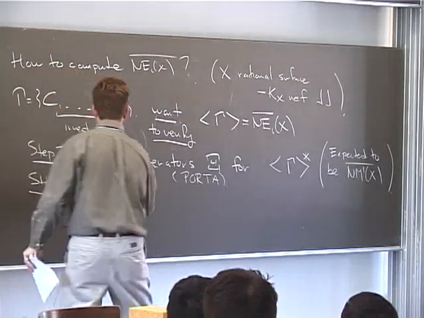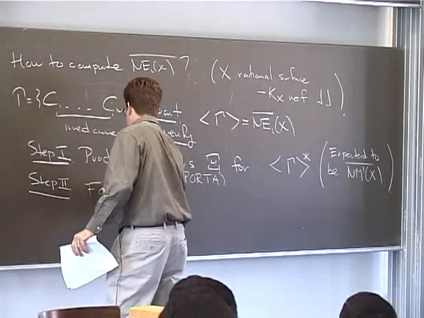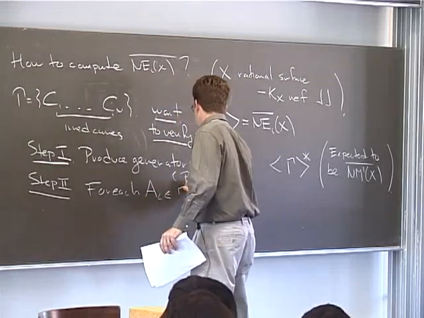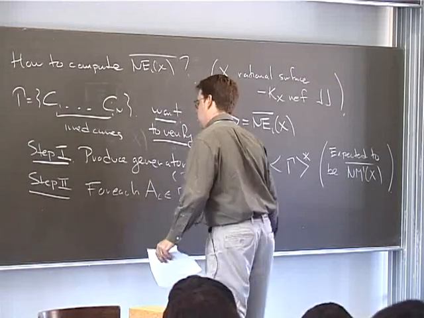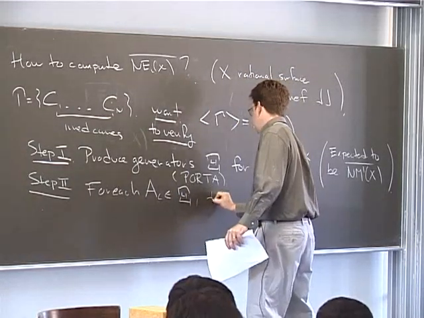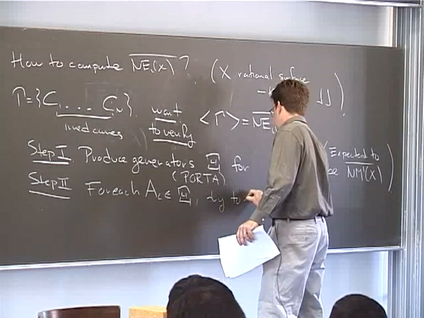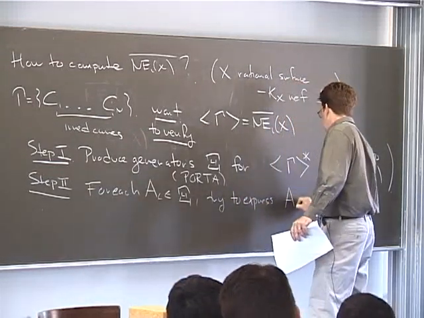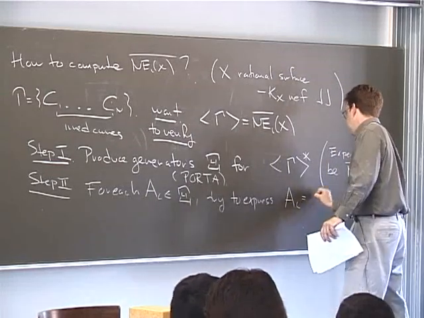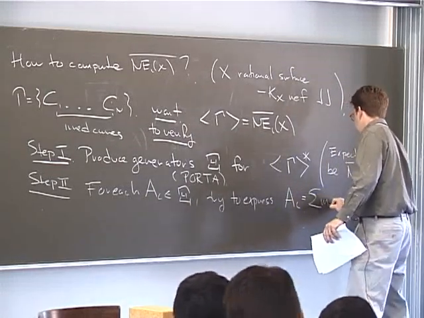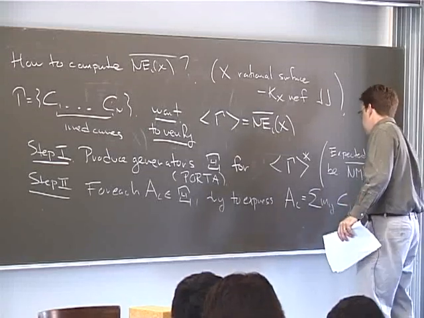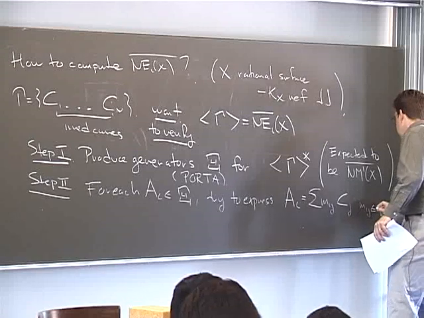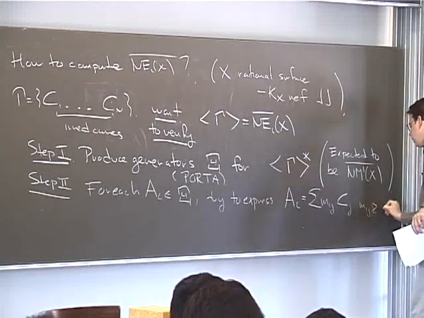The second step is for each element AI in the cone, we try to express AI as a sum of the generators where the Mij's are non-negative.